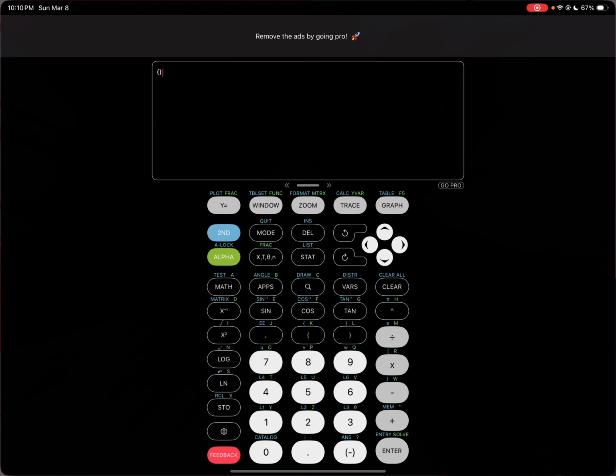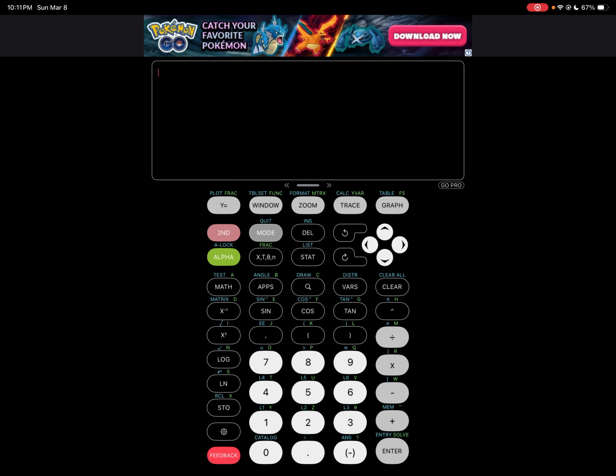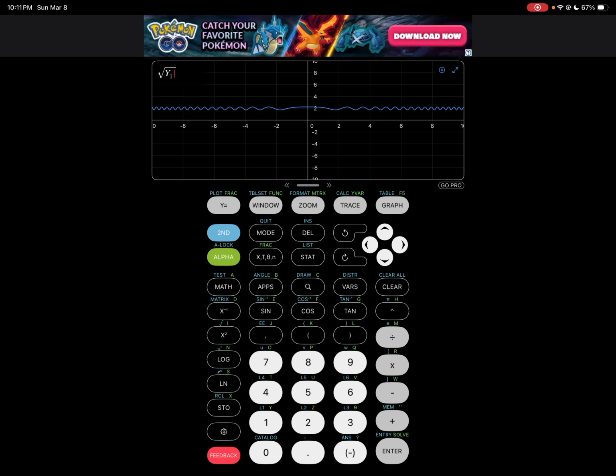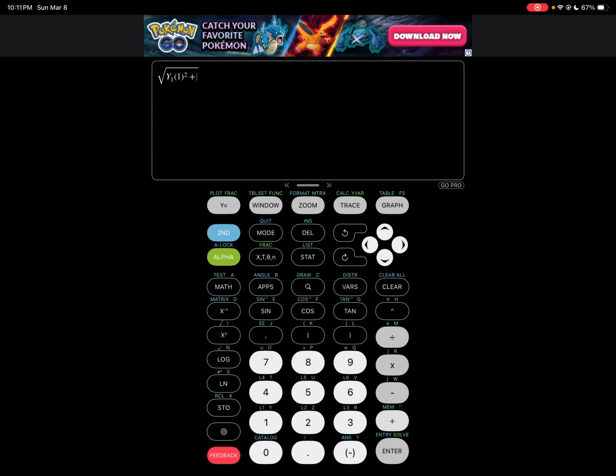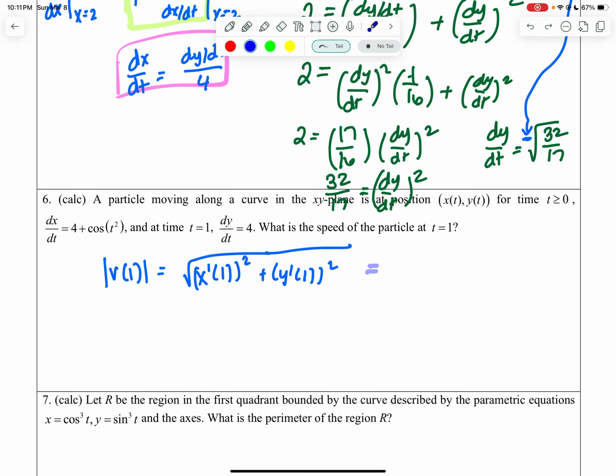So we're going to use our handy dandy calculator and put this in. We do the square root of y1 of 1 squared plus y2 of 1 squared, and that gives us 6.0509 as my speed.